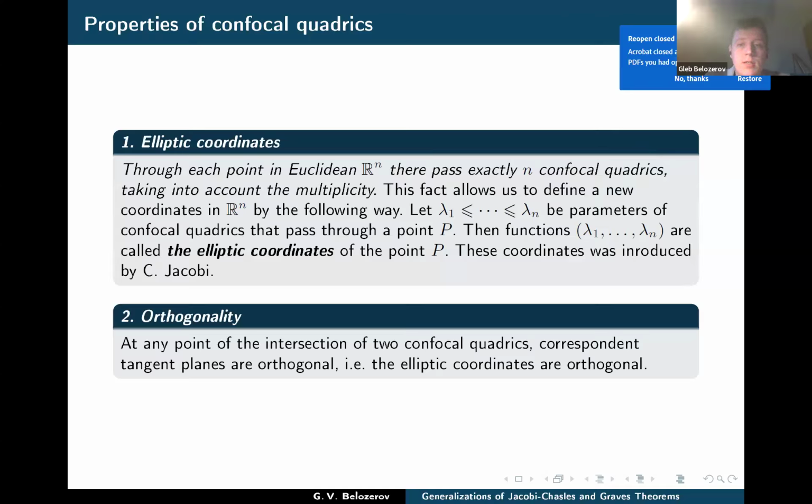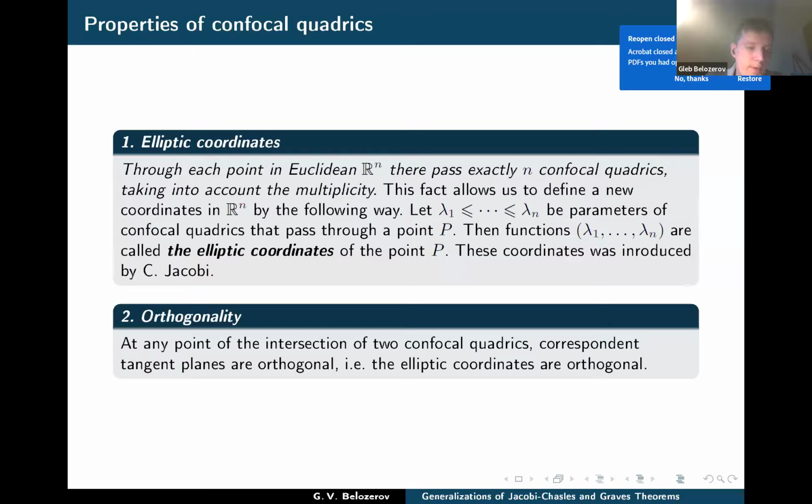This fact allows us to define new coordinates in the following way. Let lambda_1, ..., lambda_n be parameters of confocal quadrics that pass through a point P. Then the functions lambda_1, ..., lambda_n are called the elliptic coordinates of the point P. These coordinates were introduced by Carl Jacobi.